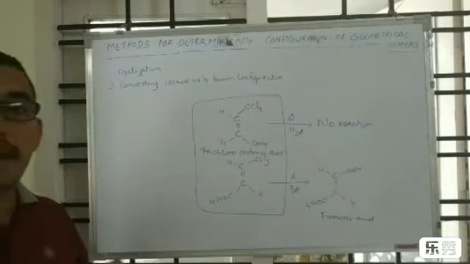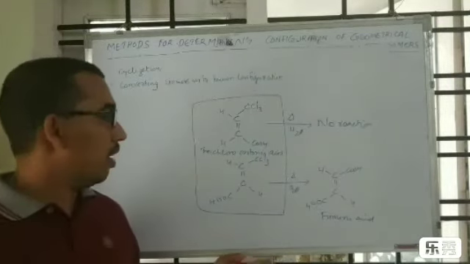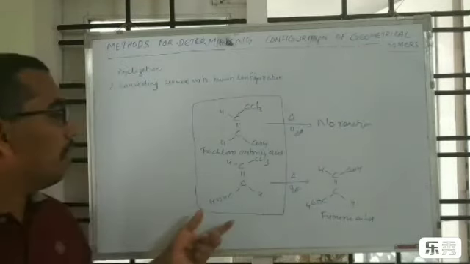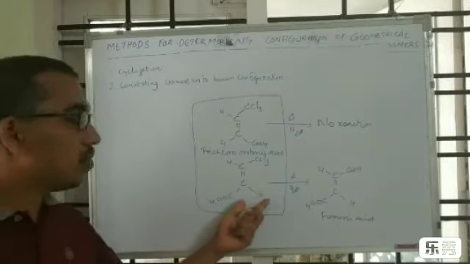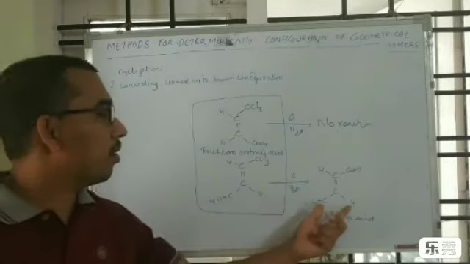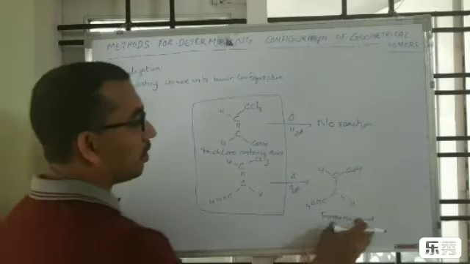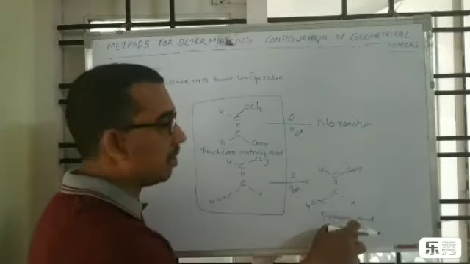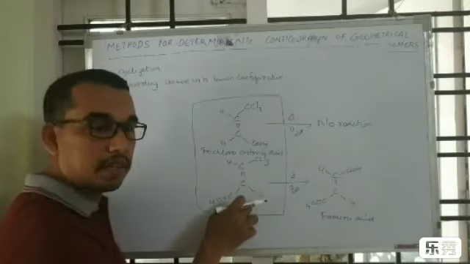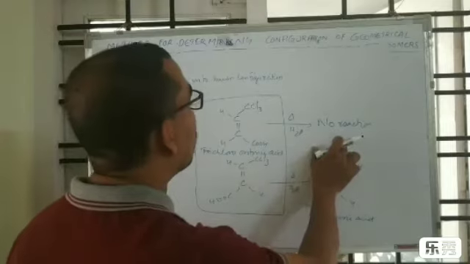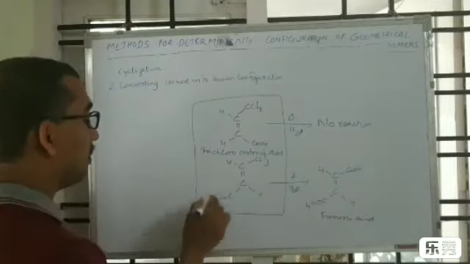So we will assume there is no isomerization during this reaction, as well as we will assume the configuration of reactant is similar to the configuration of product. See, we know the configuration of the product. Fumaric acid is trans. So we are assuming the configuration of reactant is also trans. See, here there is no reaction in hydrolysis.